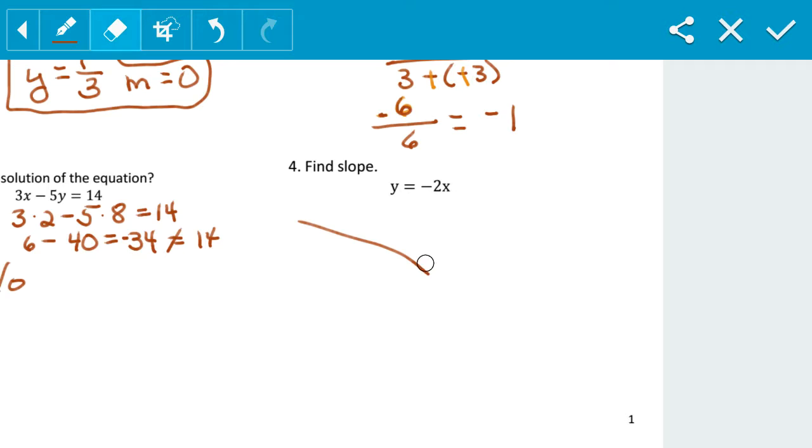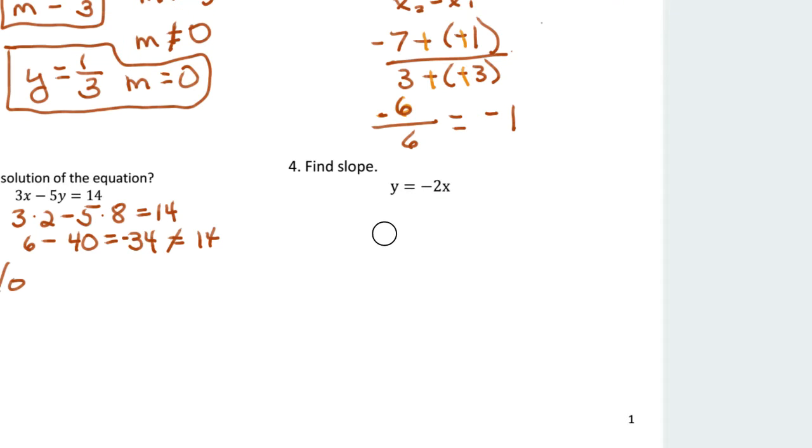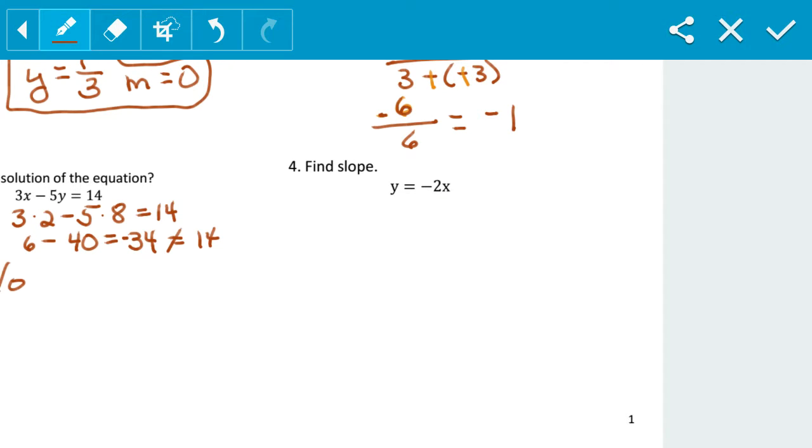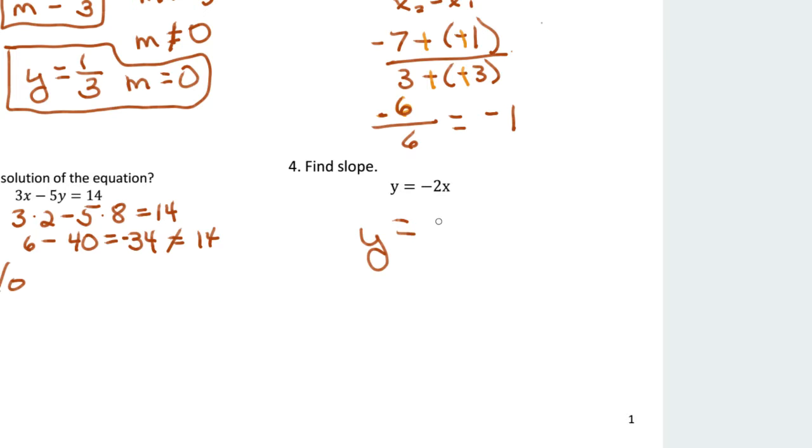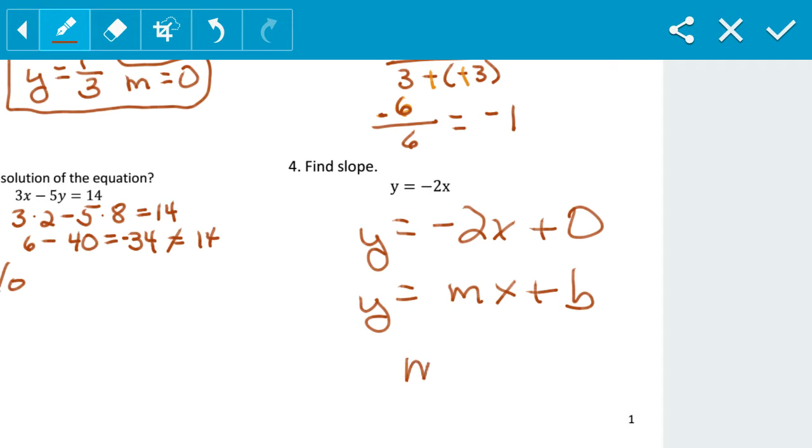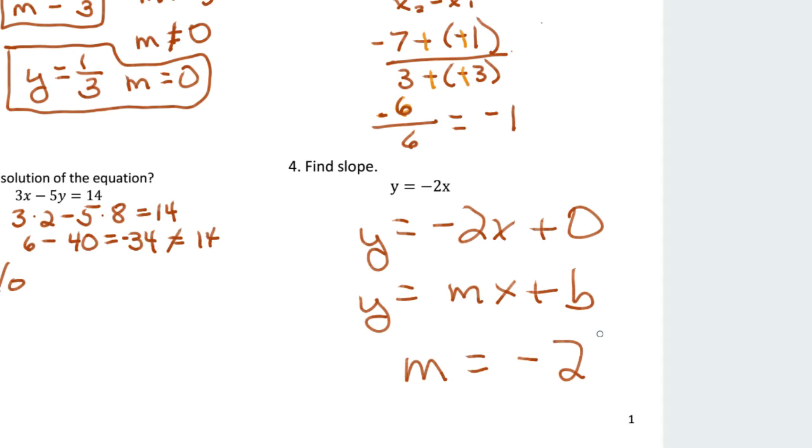There's an x in the equation, so we know that the slope does not equal 0, and we know that y equals negative 2x is the same thing as y equals negative 2x plus b, which is in the form of y equals mx plus b. So m, our slope, is negative 2.